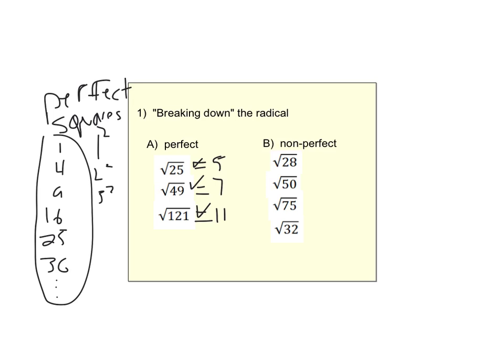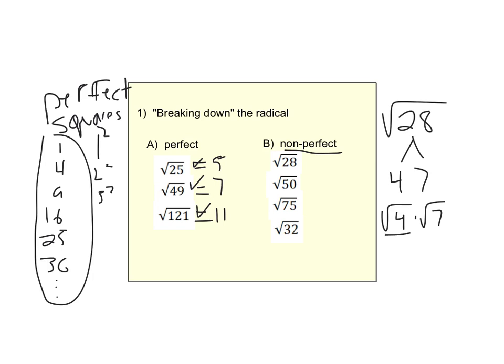Pretty straightforward. But you are able to break down some of these. So square root of 28, you can break 28 into 4 and 7. So I would have square root of 4 times square root of 7. So the square root of 4 is just going to be 2. So 2 square root of 7 would be considered simplified.